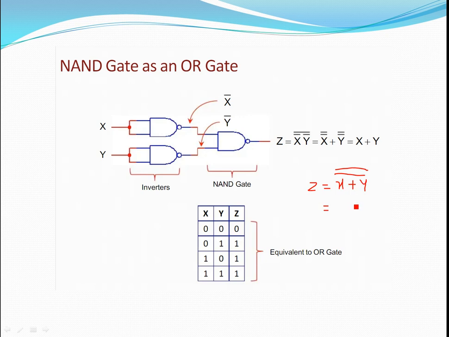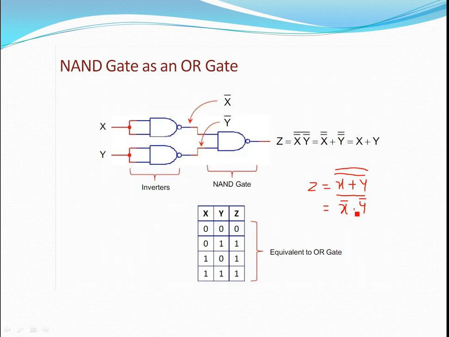Whenever we are designing using the NAND gate, it should be in the sum of product form. So now if I apply De Morgan's theorem, this becomes X bar dot Y bar and whole bar as it is, right?